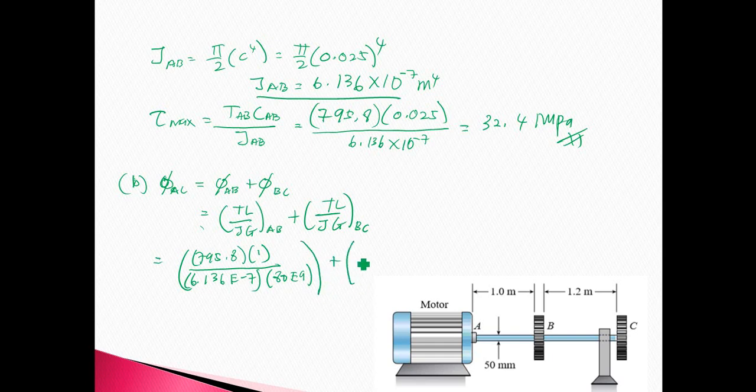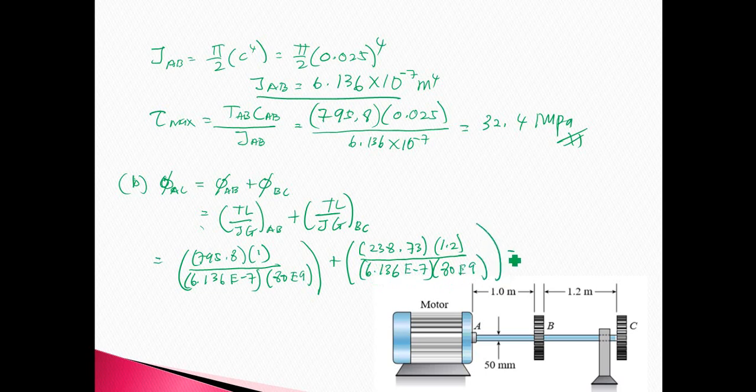And then plus for section BC. The torque is 238.73, and then times L, which is 1.2, divided by 6.136 exponent minus 7, and then multiply by G equal to 80 exponent 9.